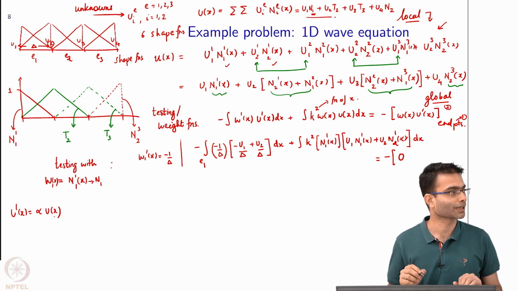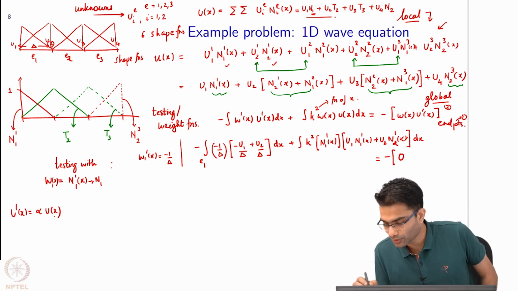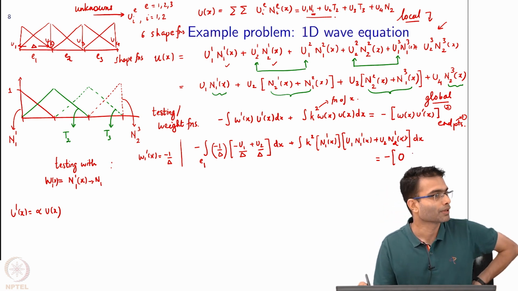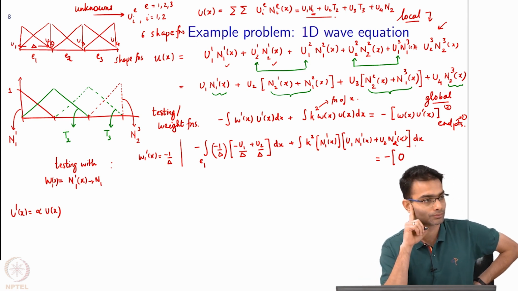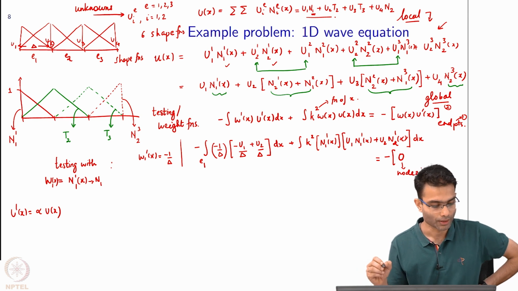I have to use this, otherwise I'm not imposing the boundary condition. So wx at the boundary is 1 and u prime x is going to be alpha times 1. At boundary point node 2, that has no contribution. Node 1, u prime is equal to alpha ux.